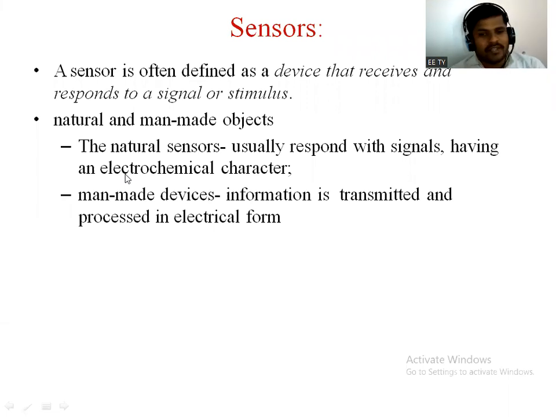So it receives information transmitted from that physical parameter or object, some processing is done on that information, and then it converts it into an electrical form, right? So these types of sensor are man-made sensors.